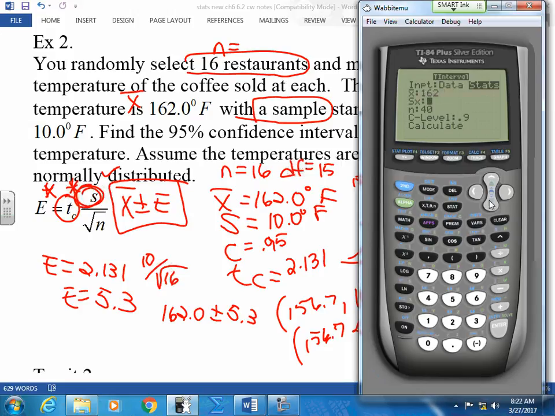My sample standard deviation is what? 10. I don't need the point zeros on these. My n, 16. Thank you. And they calculate. Now, again, I don't know my margin of error. So the same way we did with your Z-score, take your mean and subtract it. 5.3. There's my margin of error.